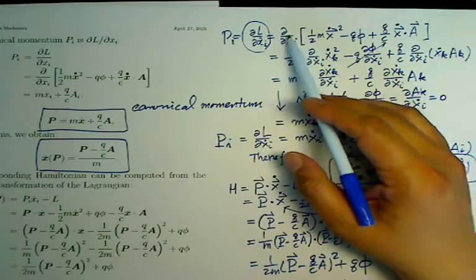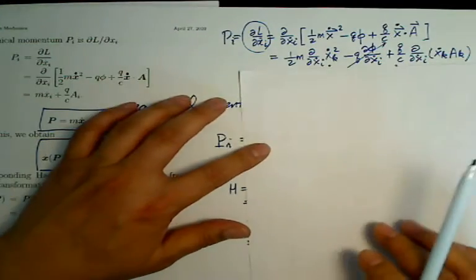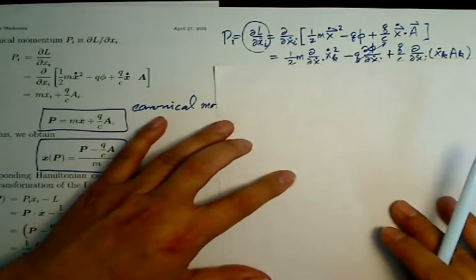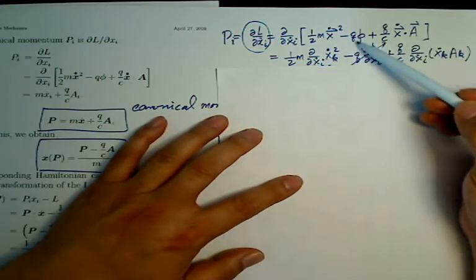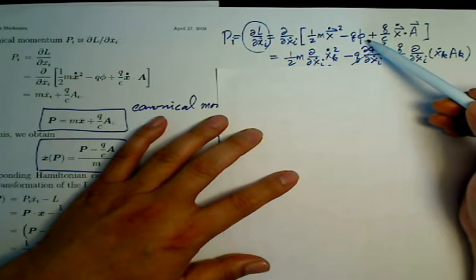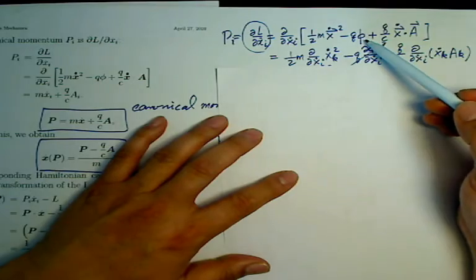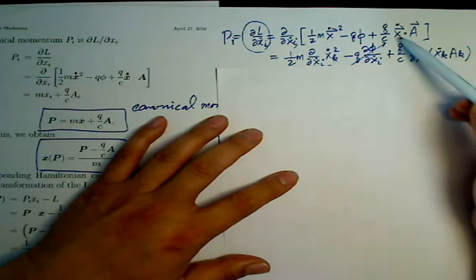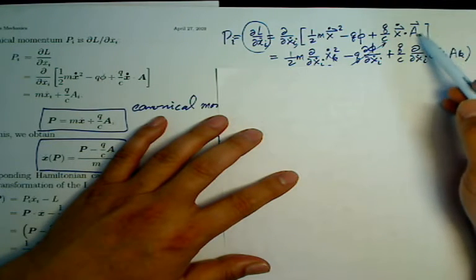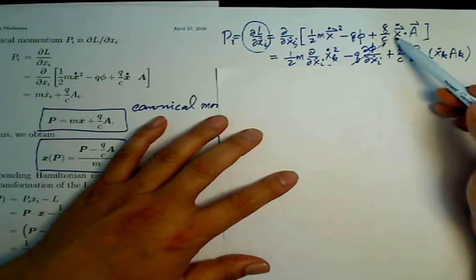If I take the derivative, this one is xk dot squared, and this is the electrostatic potential phi that does not depend on the velocity of the particle. The potential energy depends only on position and time. Therefore, this one vanishes. If I take the derivative of the other term, again, the vector potential is independent of the velocity of the particle. Therefore, we just take the derivative of this vector.